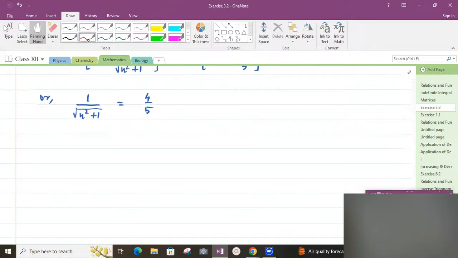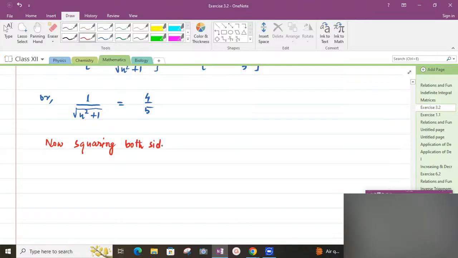Now squaring both sides. So here will be 1 by x square plus 1 and square of this one 16 by square of 5 equal to 25.